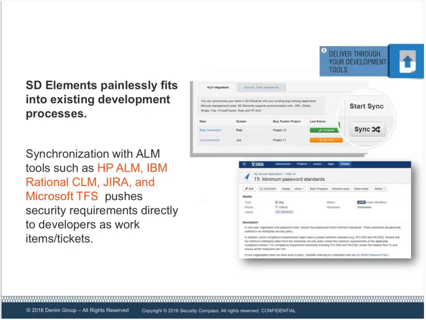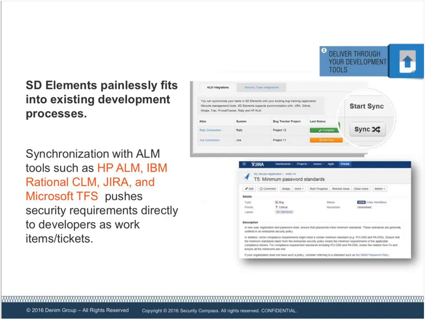And then once you have the list of tasks that are required to secure a project, we deliver those to the developers. We have our own set of integrations with development tools, so we can push those requirements right to developers through the tools that they normally use, so they don't have to change their development process. We have integrations with Jira, HPALM, Rational, TFS, all the usual suspects when it comes to ALM tools.